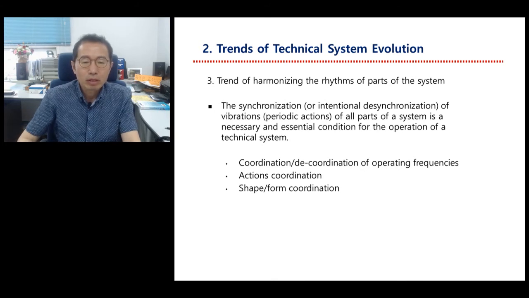The third trend of technical system evolution is the trend of harmonizing the rhythms of parts of the system. The materials, shapes, and movement of the components that make up the technology system are developed in harmony with other components.